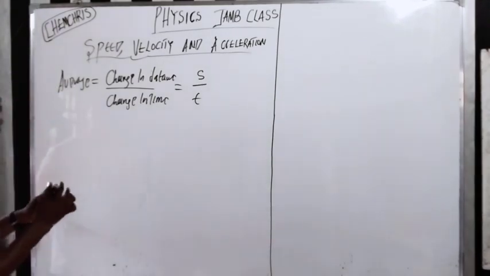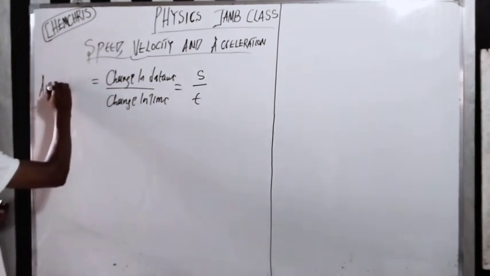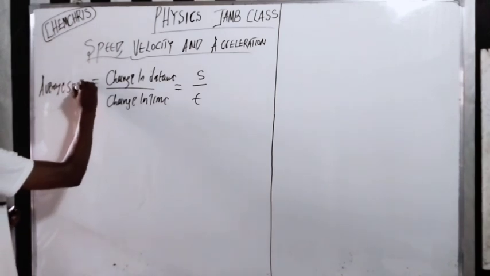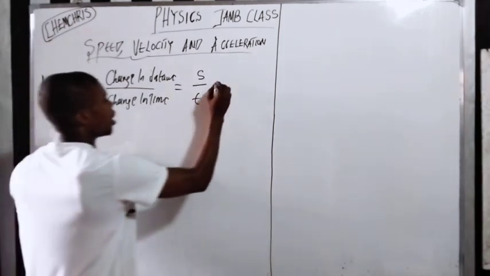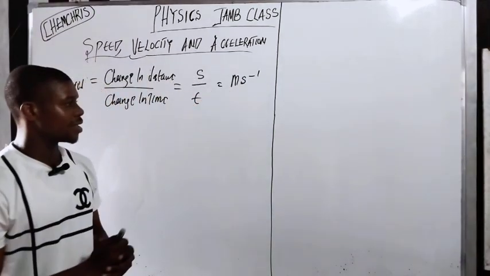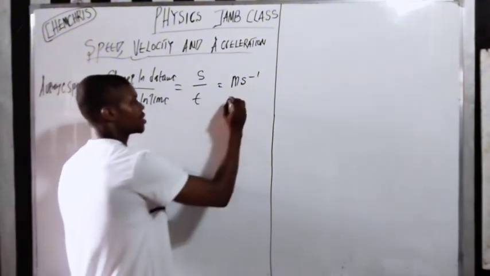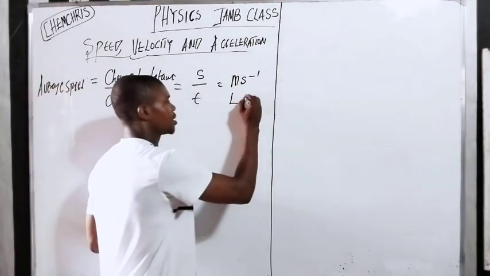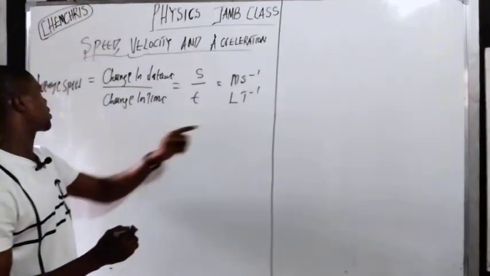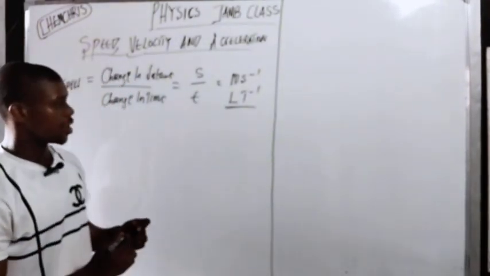So the average speed is going to be meter per second. The dimension of meter is length, L, and the dimension of second is T. So the dimension for speed is L over T. Do you get that?